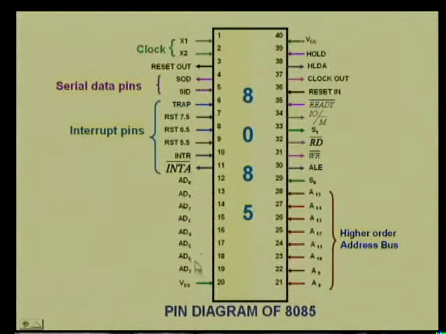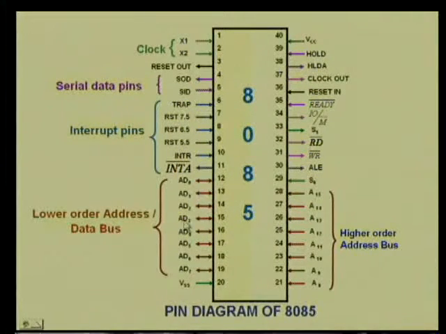Then these are the 8 lines which are used for sending the address as well as for data transfer, which is the multiplexed address/data bus. Here these 8 lines are exclusively used for sending the higher order address byte.